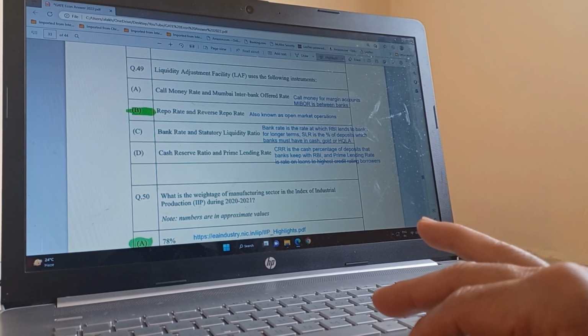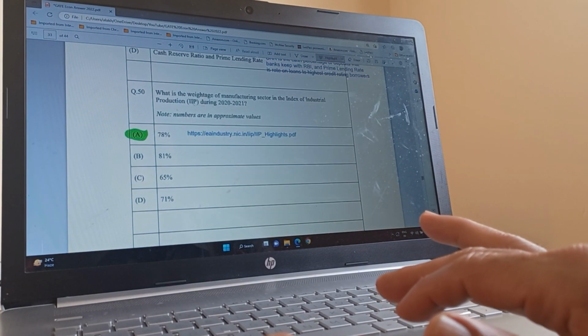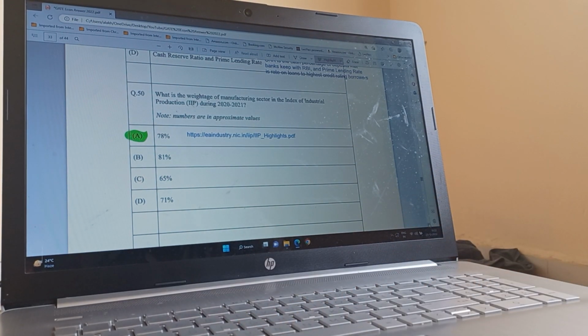Now I go to the next question, and that is question number 50. What is the weight of the manufacturing sector in the index of industrial production during 2021? Well, numbers are in approximate value. So this is just a question of current affairs, meaning if you are reading the newspaper, you will encounter this.